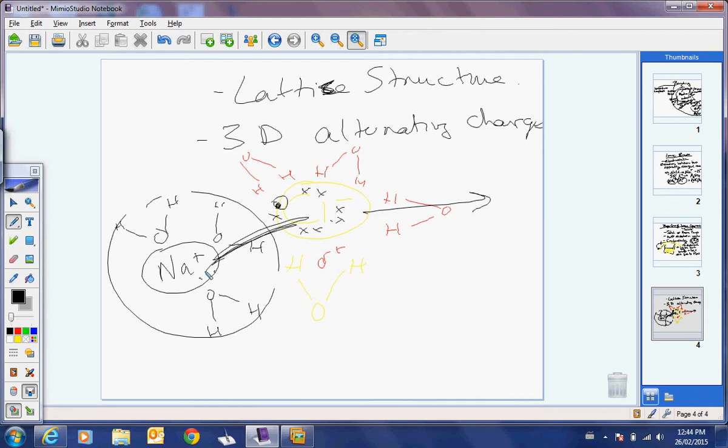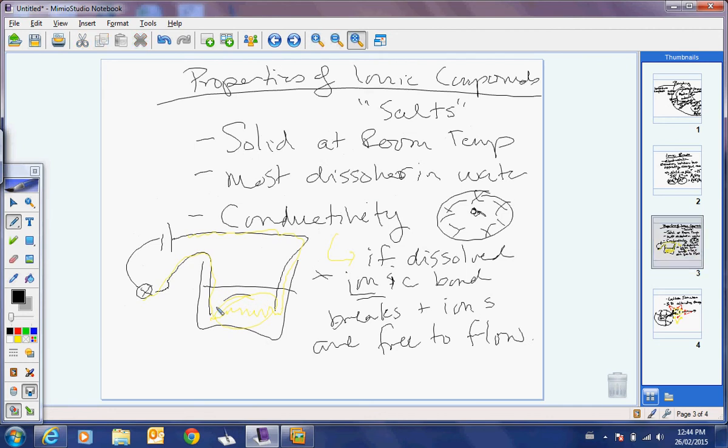And so back to that sheet, it's like a little Cl minus moves over and carries the charge for us. At the same time, the Na pluses are moving in the other direction.